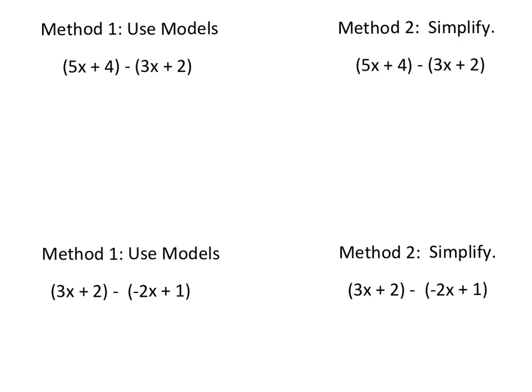So in this case, I have 5x plus 4. So I know that the longer rectangular tiles represent my variable, and there are 5 of them. And then I have 4 of my constant tiles.